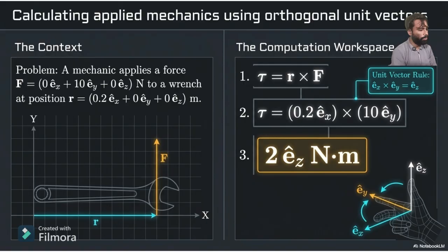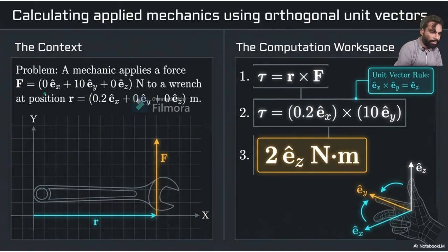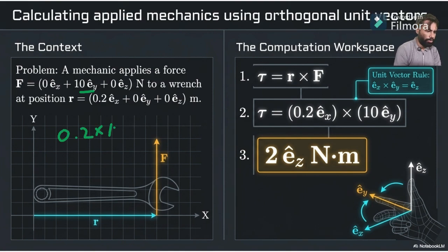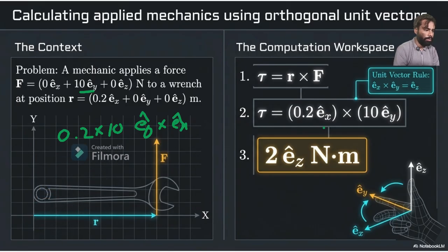Now there is a problem for us: suppose we put a force only in the y direction, a 10 ey force component, and the position is only in the x direction. So what is the cross multiplication? ex cross ex and the like will vanish, leaving only 0.2 times 10, r into f, ex cross ey.